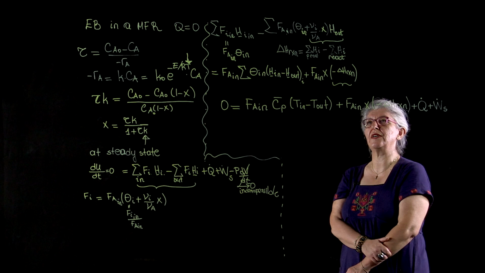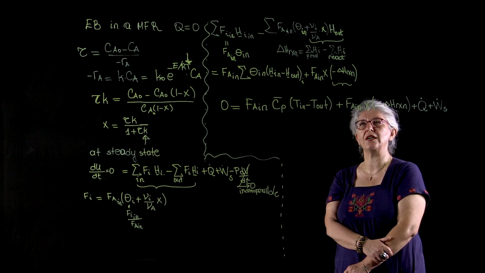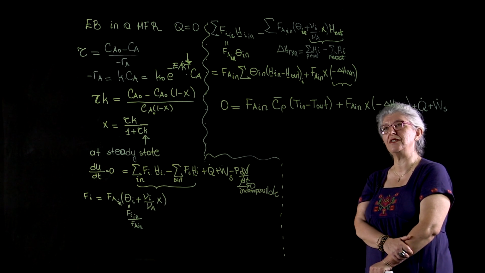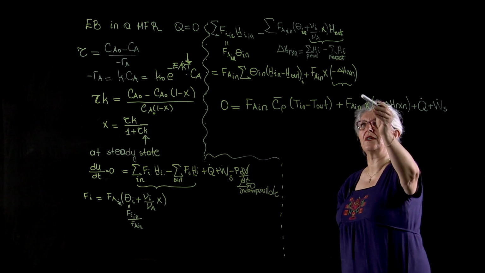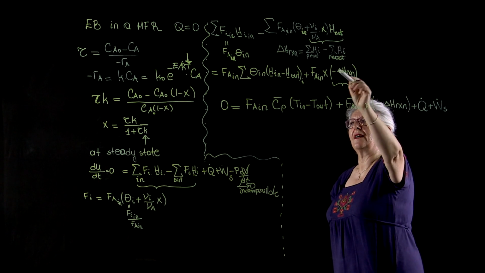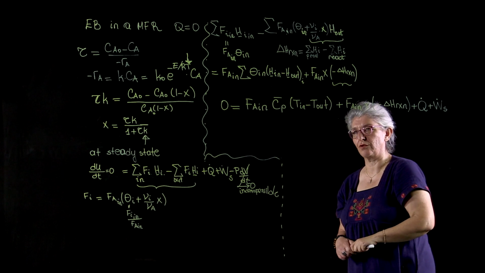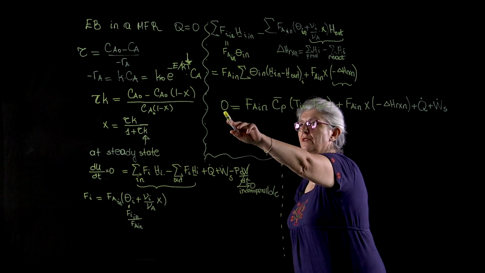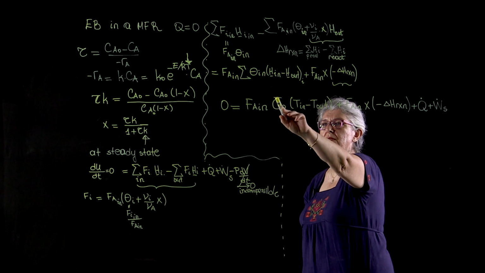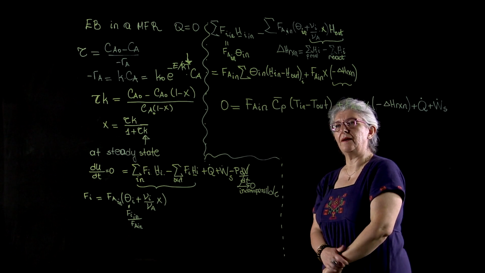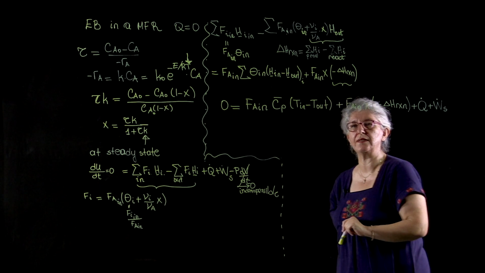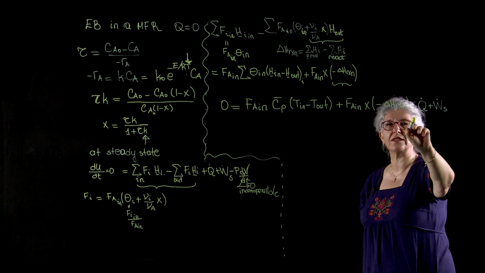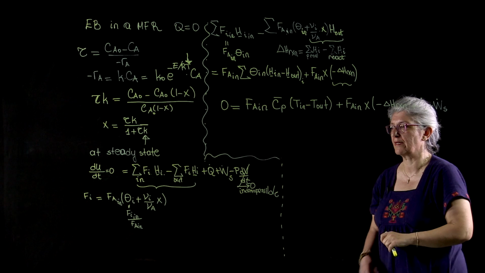We have observed that the nu i over nu A times h out terms are related to the reaction enthalpy change through the expression minus delta H reaction, and the overall energy balance has now taken the form, under steady state conditions, 0 equal to Fa in times Cp mean times the temperature difference between inlet and outlet, plus Fa in times conversion times minus delta H of reaction, plus heat exchange, plus the shaft work.